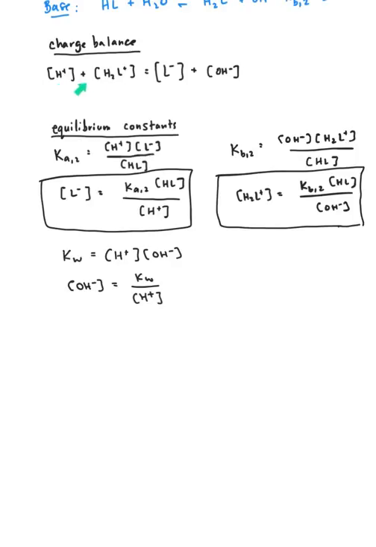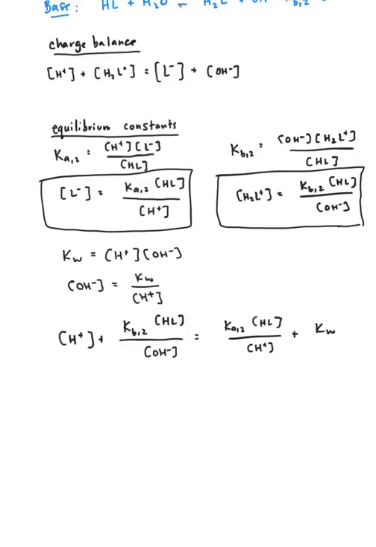So I want to solve this charge balance equation just for H+. H+ concentration plus H2L+ concentration, which we've already solved for up here, is Kb2 times concentration of HL over concentration of OH-. That's equal to L-. We've solved that concentration here in our first step from our equilibrium constants. That's Ka2 times HL concentration divided by H+ concentration, plus hydroxide ion, which we've got from our autoionization of water.